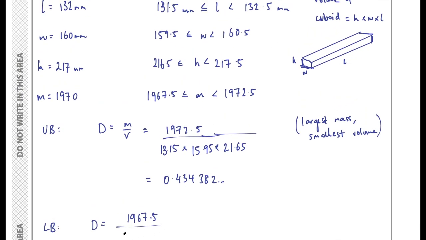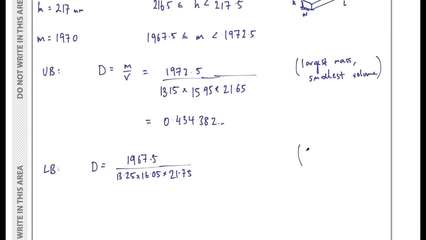Again, in centimeters, this would be 13.25 multiplied by 16.05 multiplied by 21.75. And again, just to make a little note, this is the smallest mass divided by the largest volume to get the lower bound of the density.